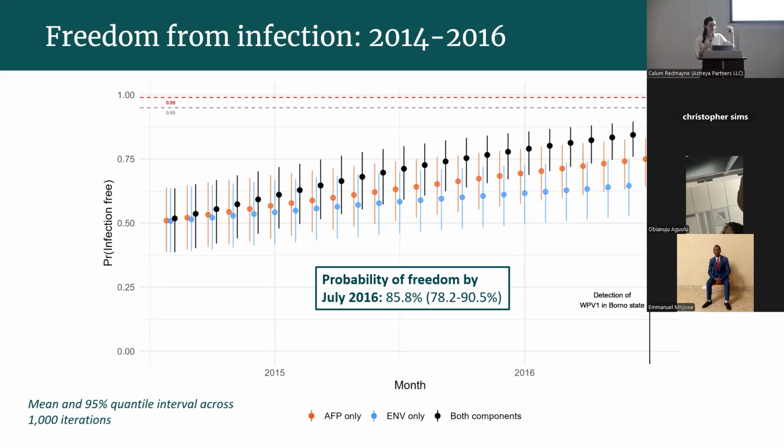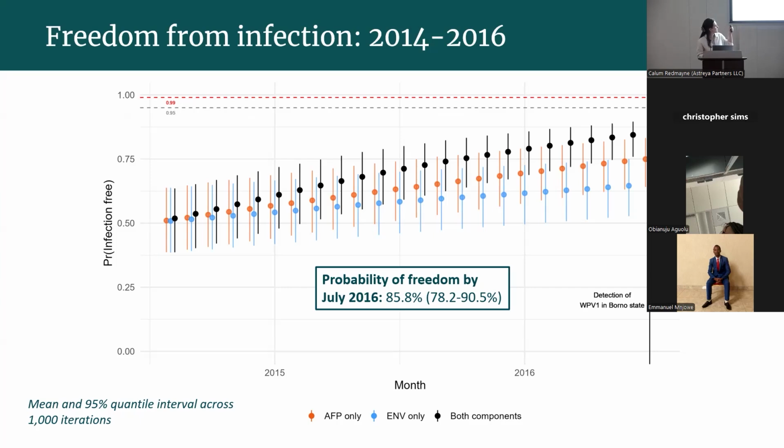And using Bayes' rule, we update each of these probabilities over time, with the accumulation of confidence in absence of infection for each additional month that we're observing negative results. So this is from the time period of 2014 to mid-2016, when for every month the system was only returning negatives.